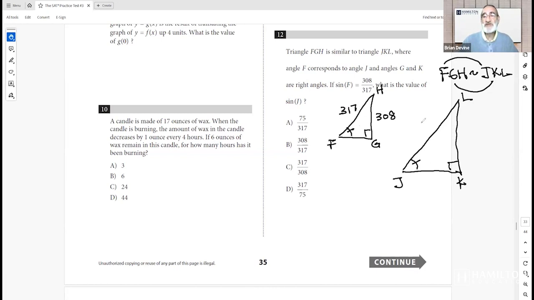We want to know the value of sine J. Well, because JKL is similar to FGH, this has to be 308 times some number, and this has to be 317 times the same number, KL and JL respectively. So if I look at opposite over adjacent, I'm going to get the same thing as the sine of F. And so the answer would be B. It's the same thing.